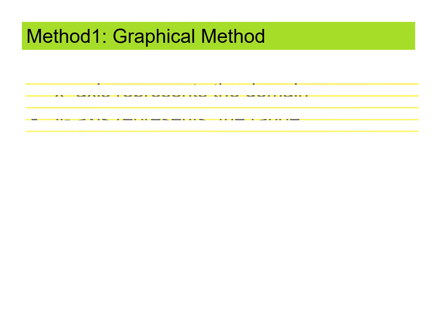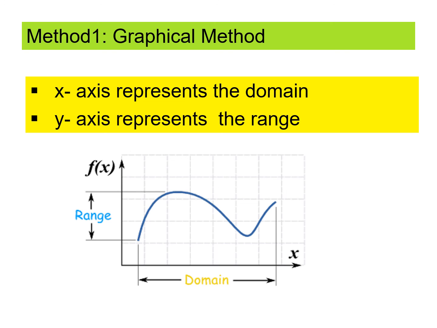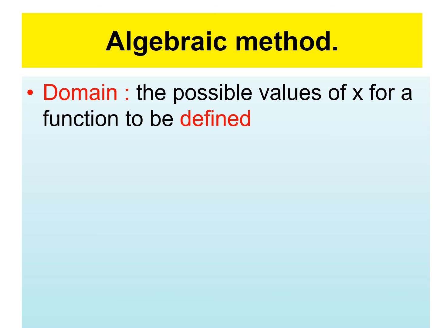Method 1, the graphical method: x-axis represents the domain while y-axis represents the range. Using the algebraic method, the domain is the possible values of x for the function to be defined.